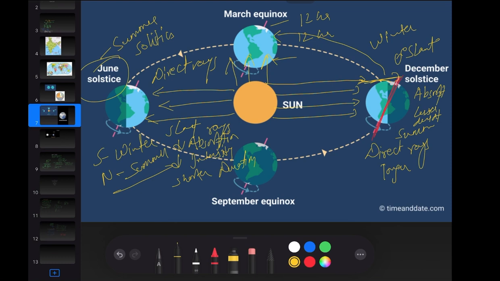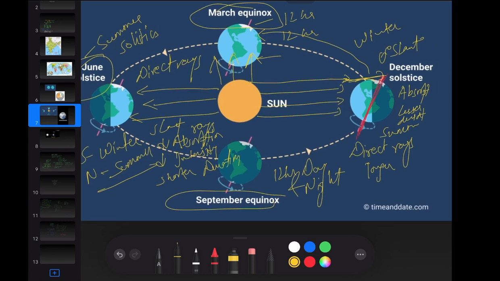While in September, there is equinox. There is equinox in March as well as in September. At this time also there is the same condition: 12 hours of day and night in the northern hemisphere, southern hemisphere as well as the equator.